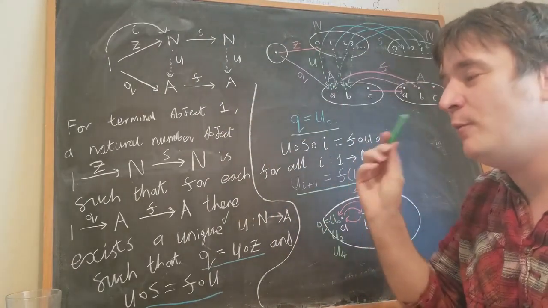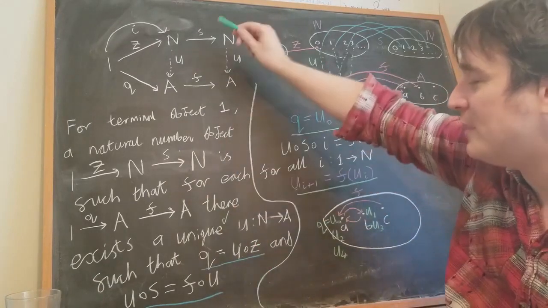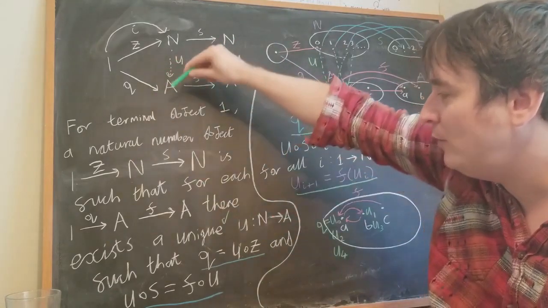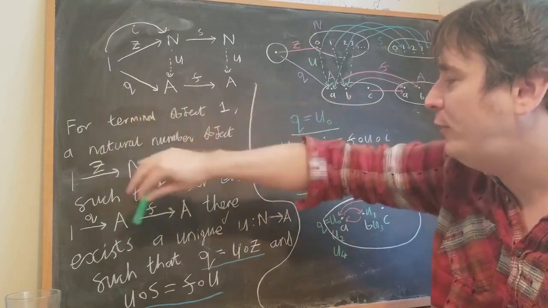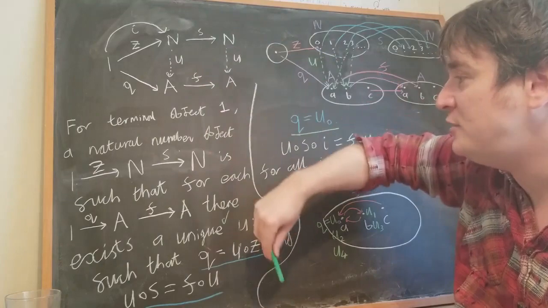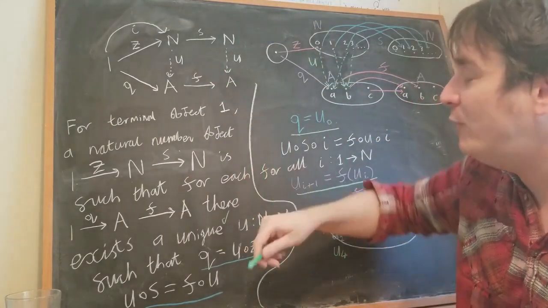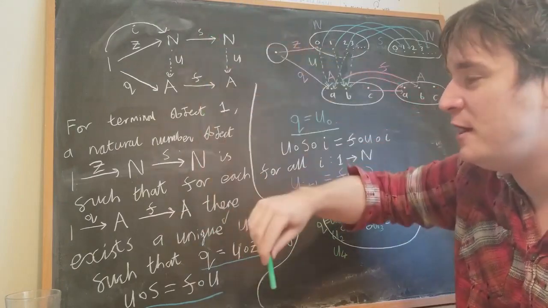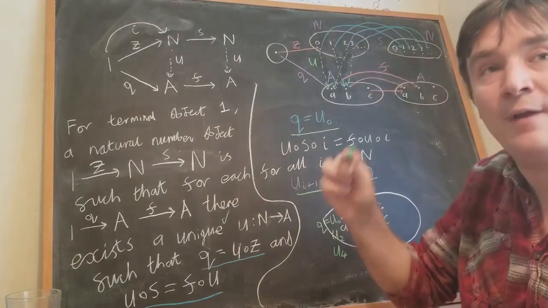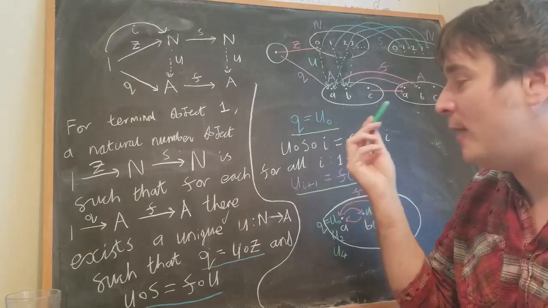Well, the reason we know that is because this type of definition is a universal property, and it turns out that any two things which we could call natural number objects, according to this definition, are going to be isomorphic to each other. So anything satisfying this condition in the category Set is going to be isomorphic to the set of natural numbers. And that's quite a remarkable result.